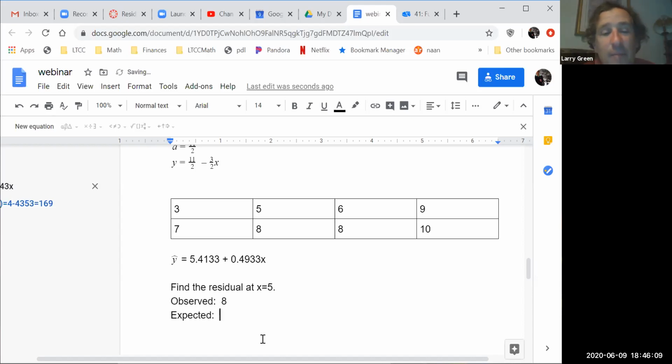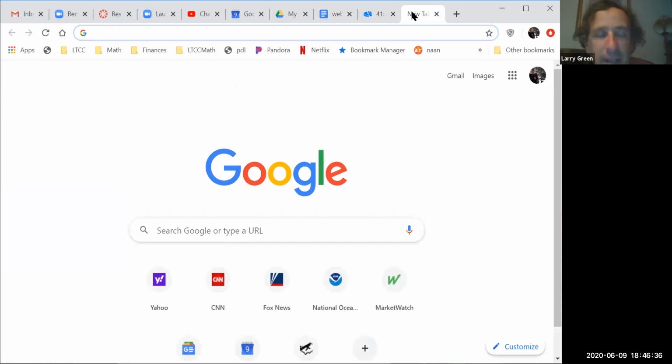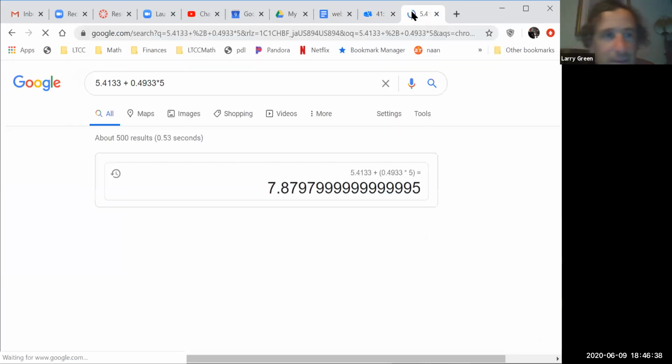That one's a little messier, but not impossible. I'm going to copy and paste, and then put a 5 in for x. Any questions on that? Then I need this in a calculator, so I'm going to pop it in the Google calculator.